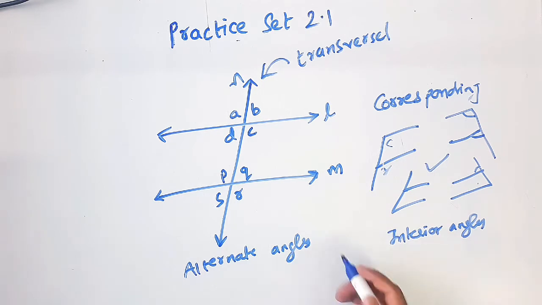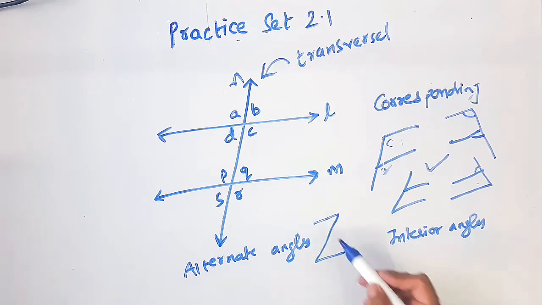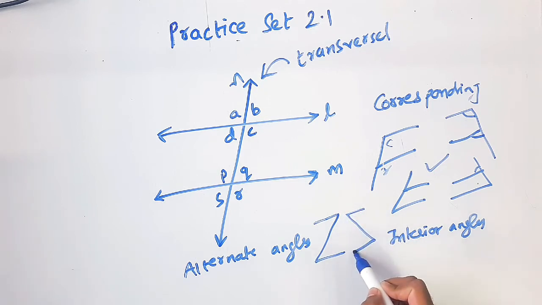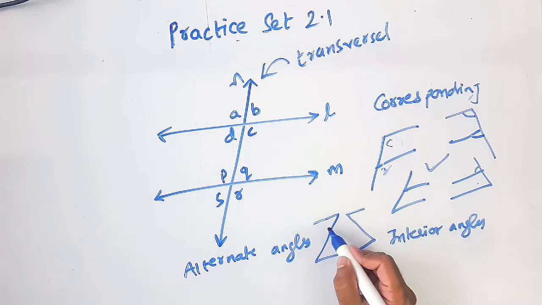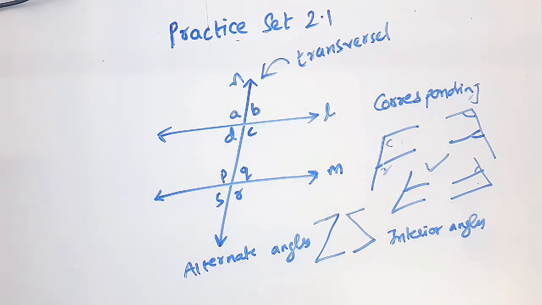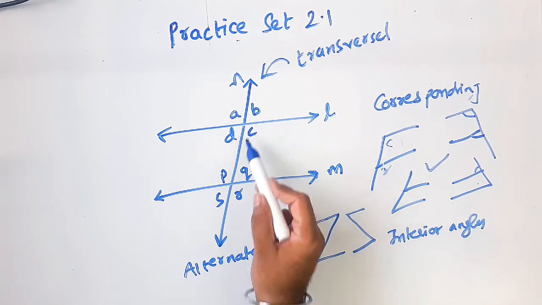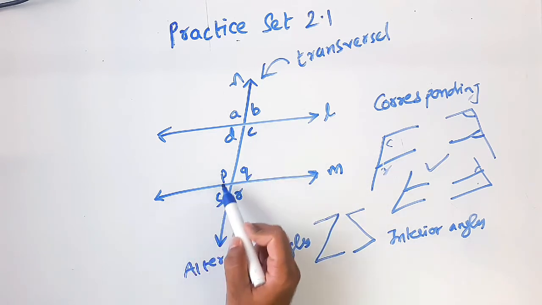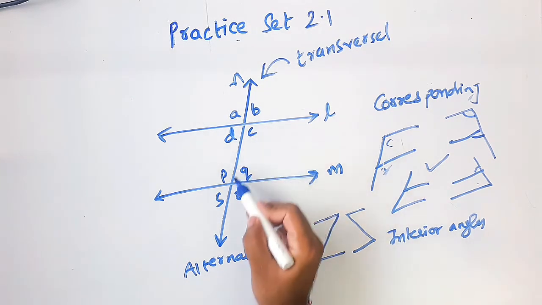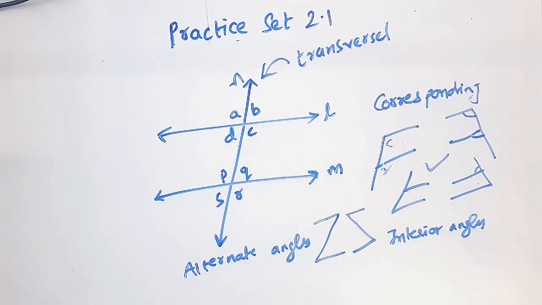Now for alternate angles, you have to see a Z-like shape. Either a normal Z or the mirror image of Z. So if you see here, D and Q, they are forming alternate angles. Any other pair? Yes, we'll get C and P. This is reverse Z. So we'll get C and P also as alternate pairs.